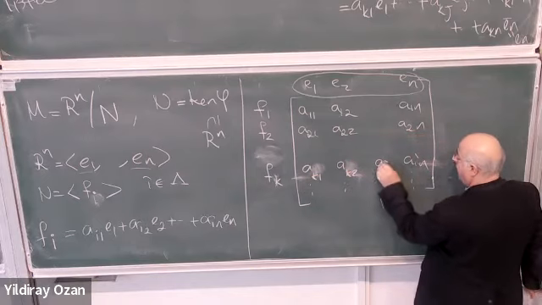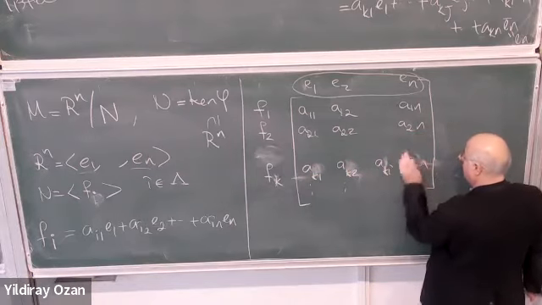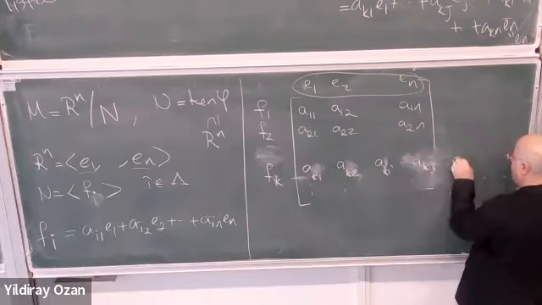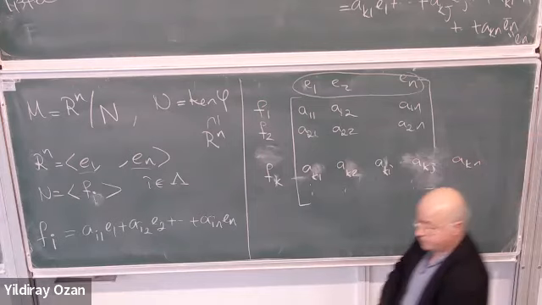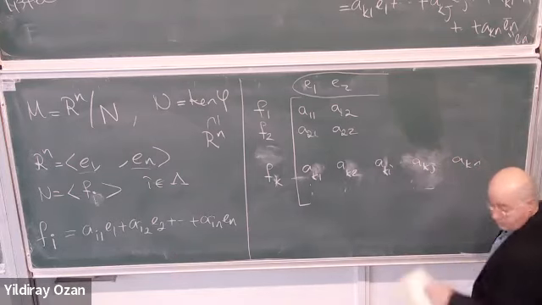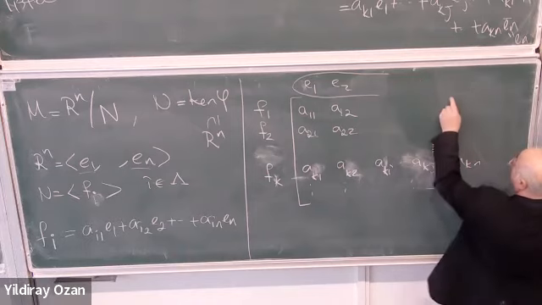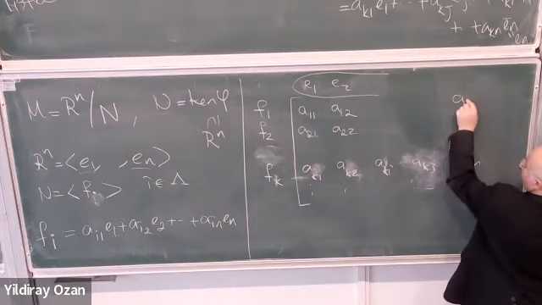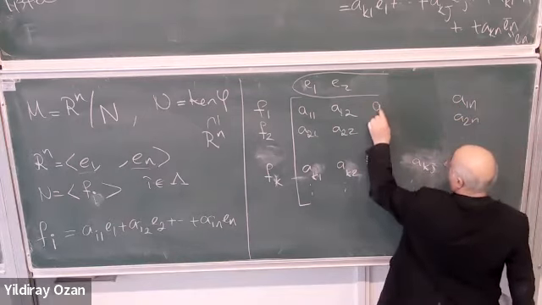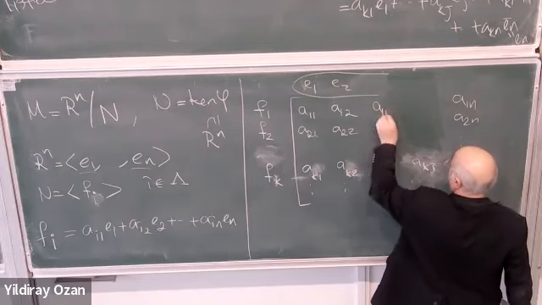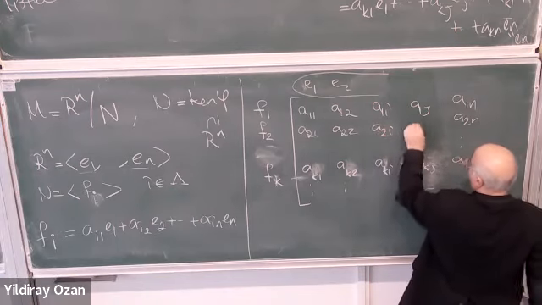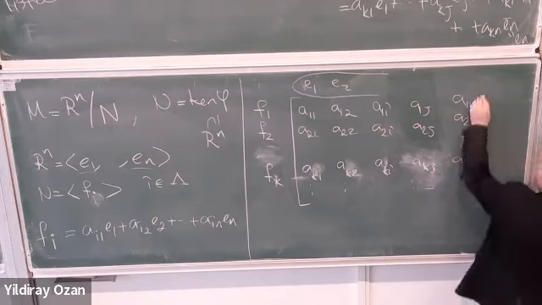Here I had aki, right? And here I have akj, akn, right? We have this. A1n, A2n. Here I have A1i, A1j, A2i, A2j, and so on.